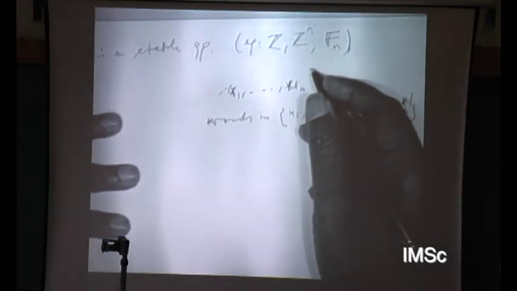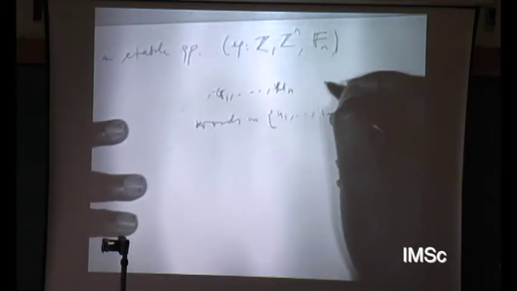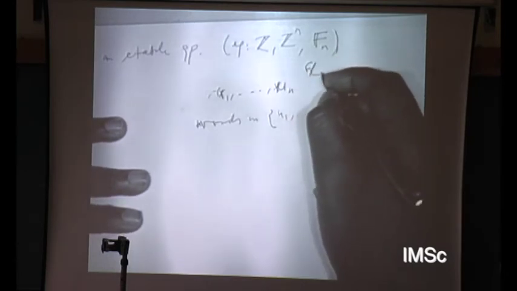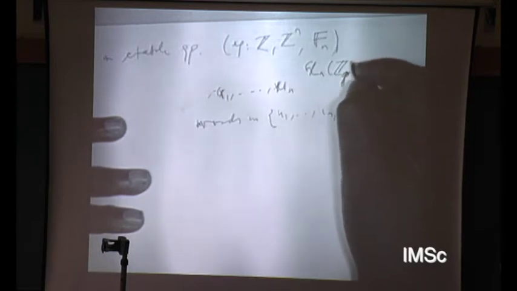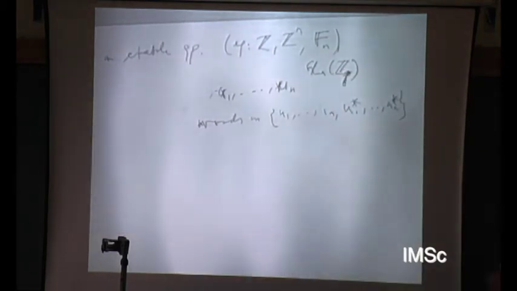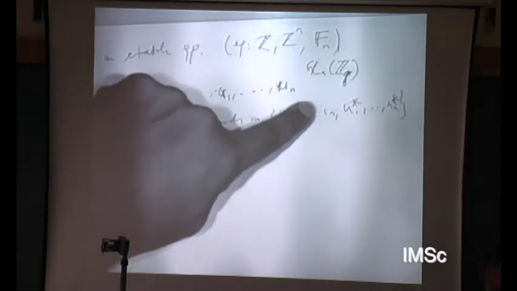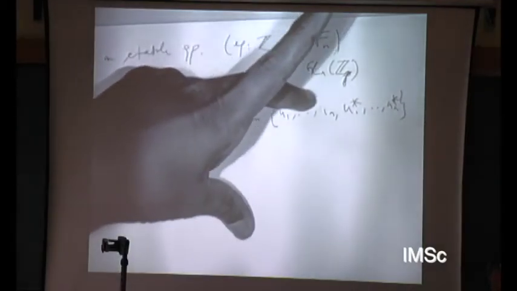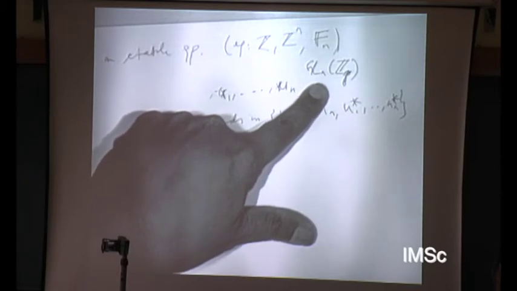Or I can, for example, take GL_n of Z_2 or Z_p or Z_q, where q is any prime power. Z_q is a field, GL_n(Z_q) is just the invertible n by n matrices with entries coming from Z_q. This is actually a finite group.